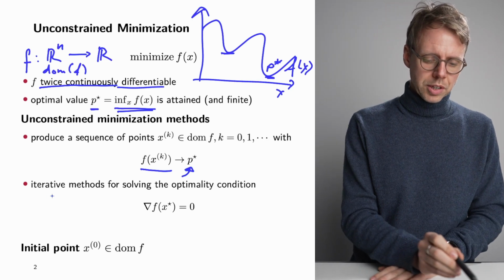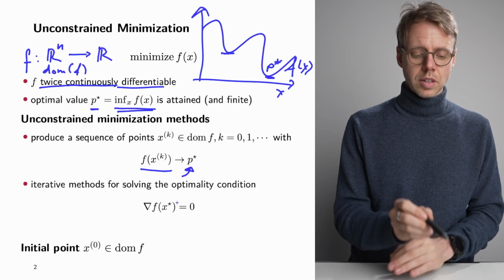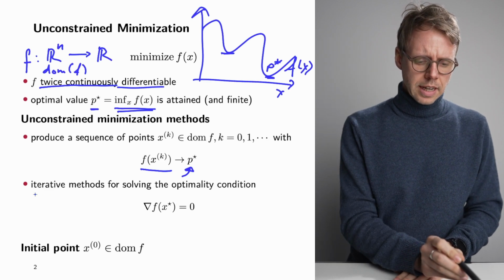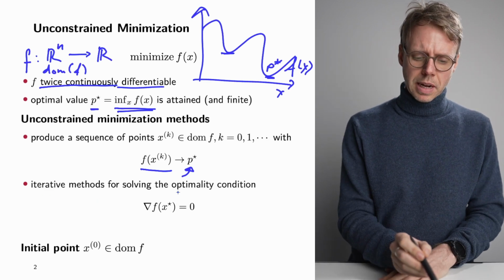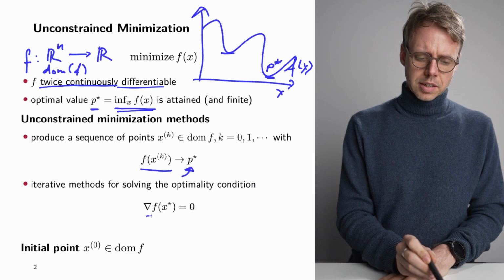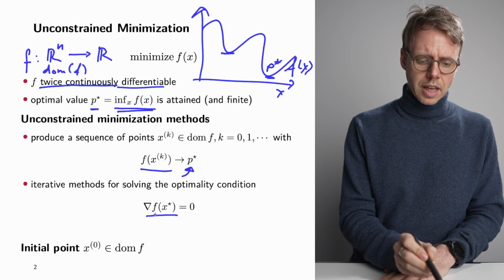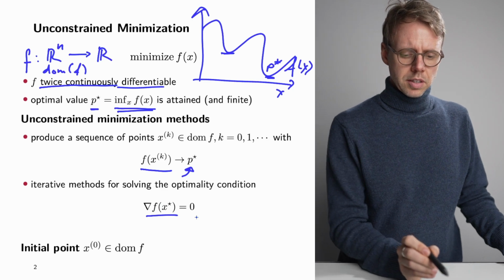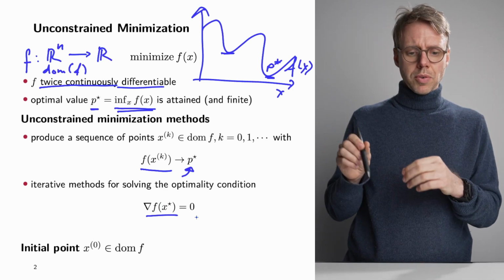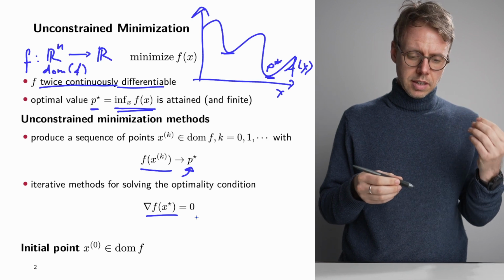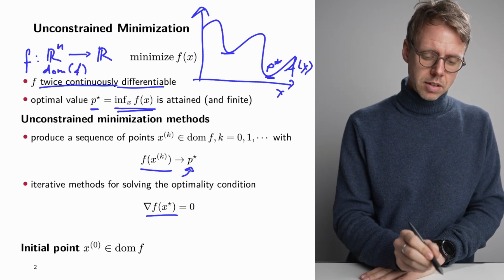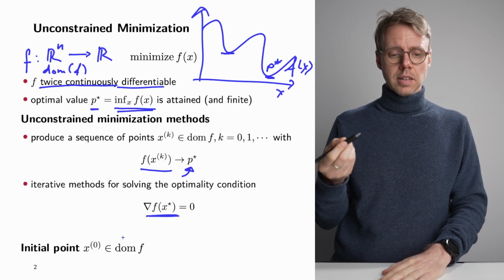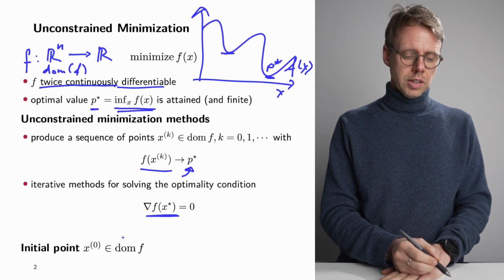Alternatively, you could view iterative methods for unconstrained minimization also as iterative methods for solving the optimality condition, namely that the gradient of f at x star should be 0. So you could either say we're generating a series of points that go towards p star, or we are basically iteratively setting the gradient to 0.